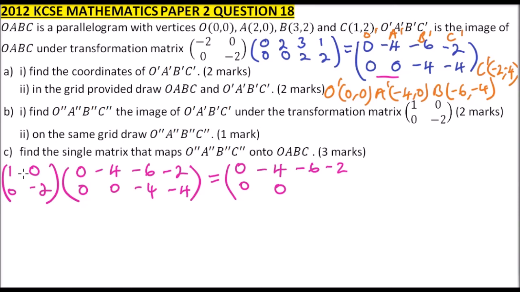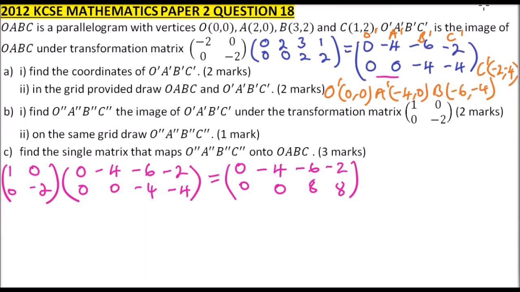So when you add the 2, you get 8. Then you multiply by 0 times minus 2, that will be 0, minus 2 times 4, that will give you 8. So this is our O prime.